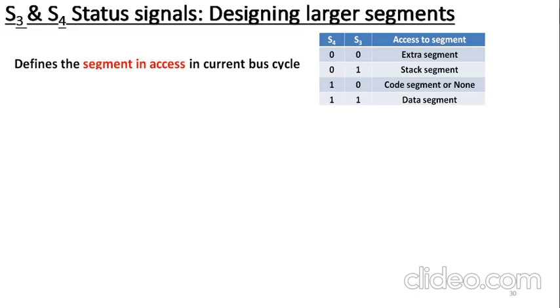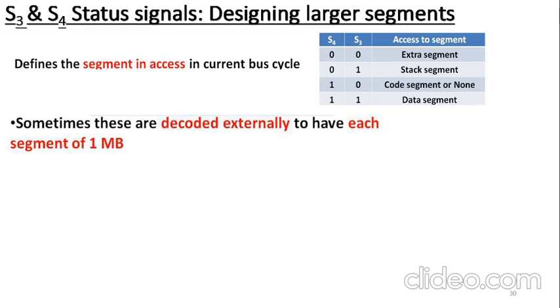So once that task is over, program execution is over, if you observe the status S4, S3 bits, it will be 1, 0, indicating that the processor is not accessing any of the segments available there. Now, these S4 and S3 status signals sometimes can be externally decoded to have each of the segments of 1 megabyte.